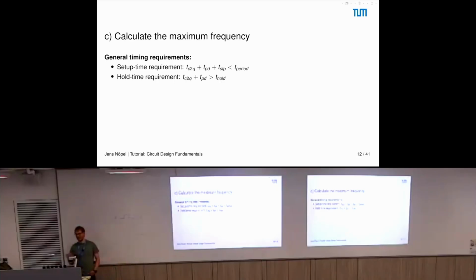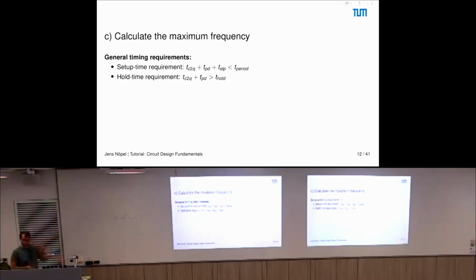And so that this does not happen, we define a certain area around the clock edge, which is either the setup or the hold window, depending on which side of the edge it is. And this is how we come to more or less those equations here. So the setup time requirement and also a hold time requirement.